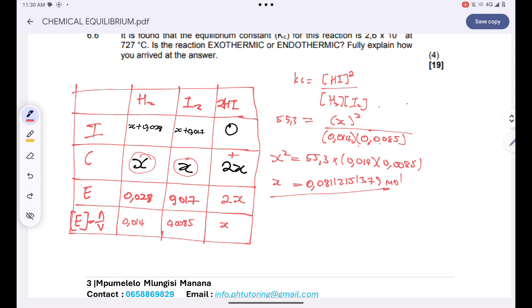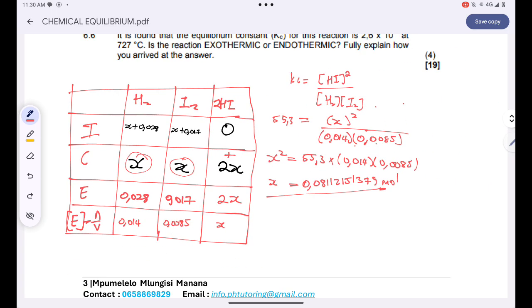So I can now calculate the initial number of moles for my iodine. Therefore, the number of moles of my iodine initially is the answer which I got, 0.0811251379, plus the number of moles I had at equilibrium, that's just 0.017.